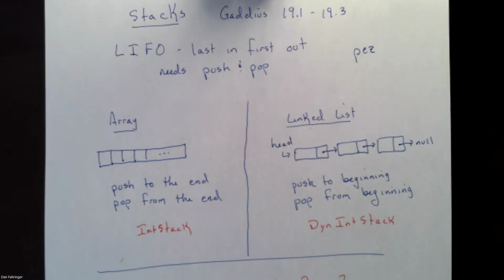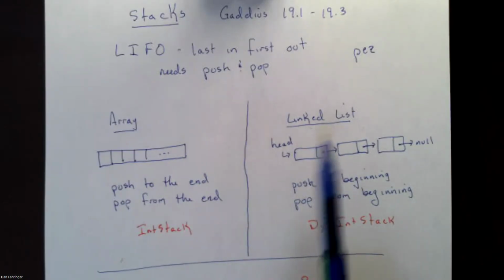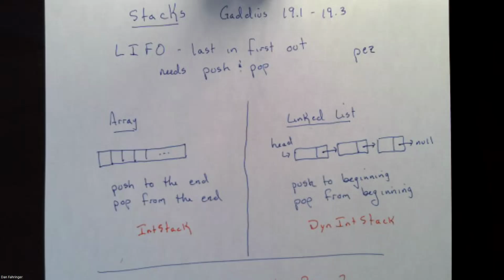Those two words, push and pop, are familiar. You saw those last semester when there was conversation about vectors. But there's lots of reasons why we use linked lists instead of vectors. Much easier to work with.